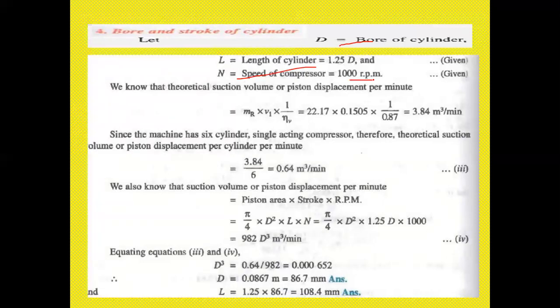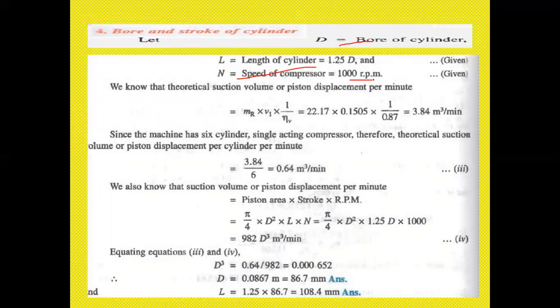Now find the theoretical suction volume or piston displacement per unit, which is equal to MR into V1 into 1 by the efficiency. We got MR as 22.17 into V1 value, into 1 by efficiency, that is 3.84 meter cube per minute.